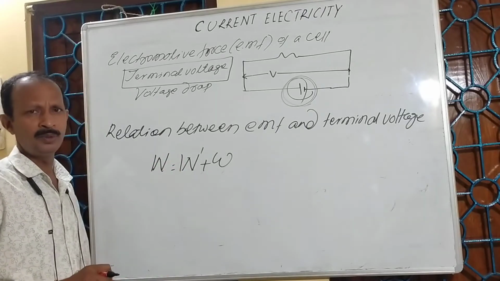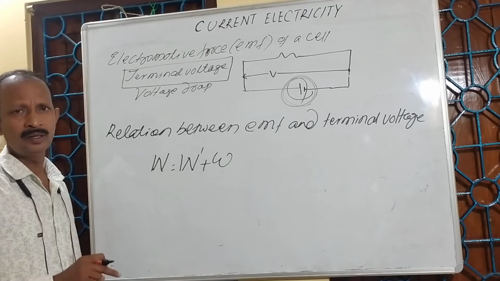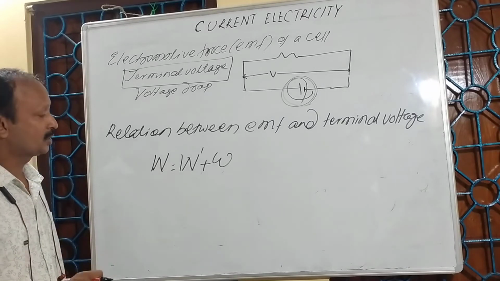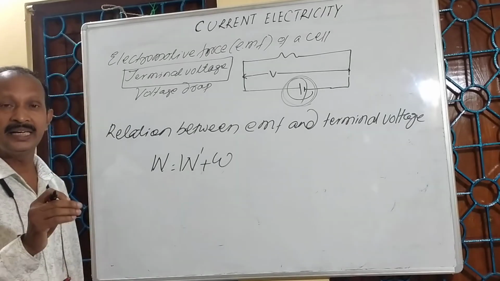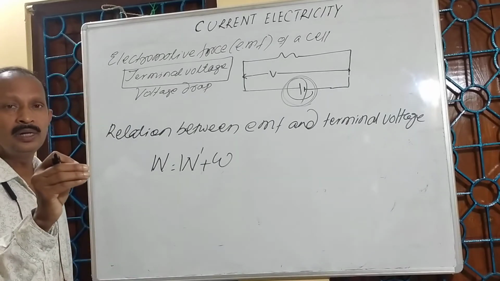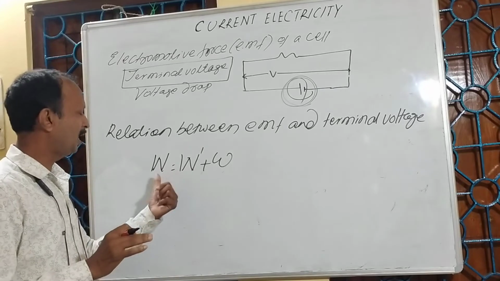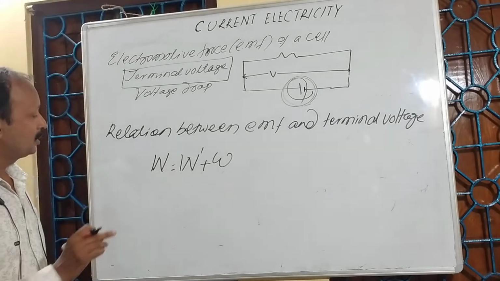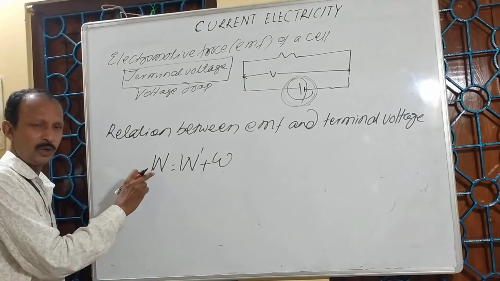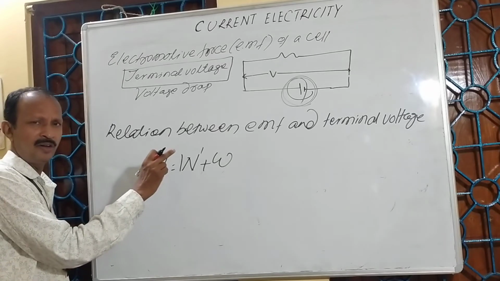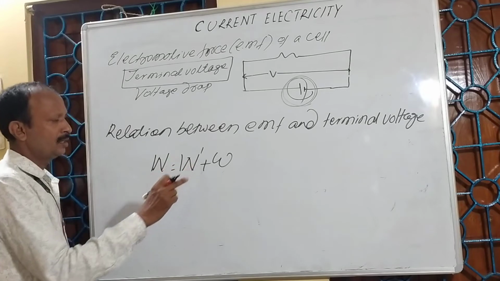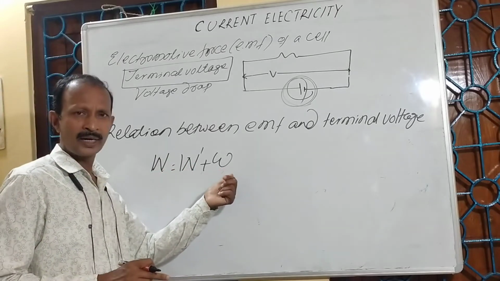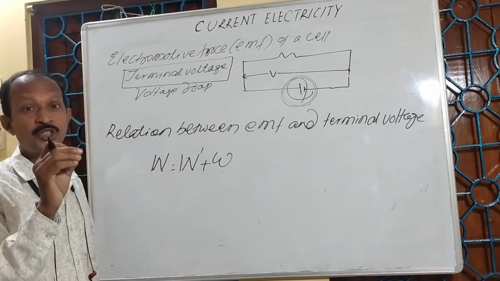The small w I have used for work done carrying the charge inside the cell or inside the electrolyte. To differentiate, I have mentioned it this way. So this is the work done for electromotive force, this is work done for terminal voltage, and this is the work done for voltage drop.